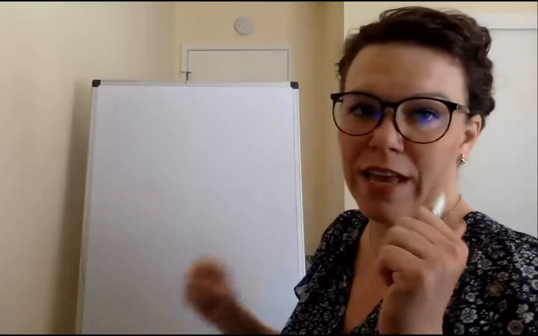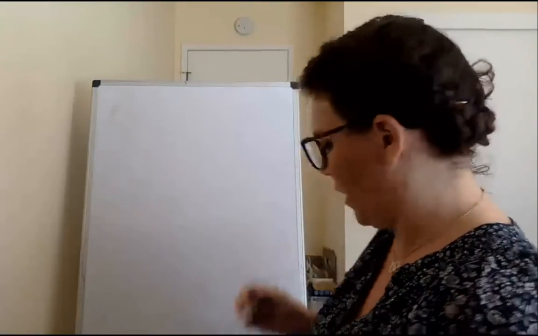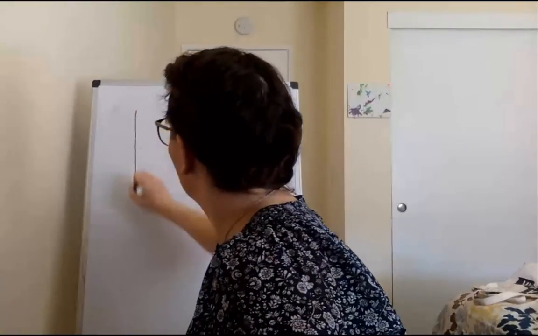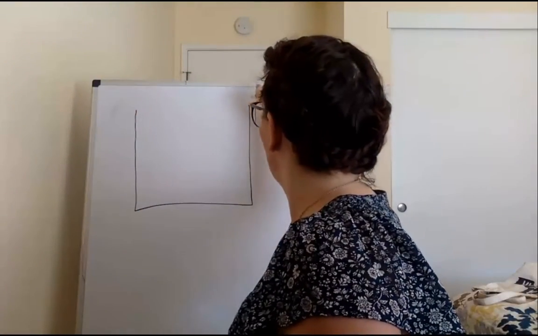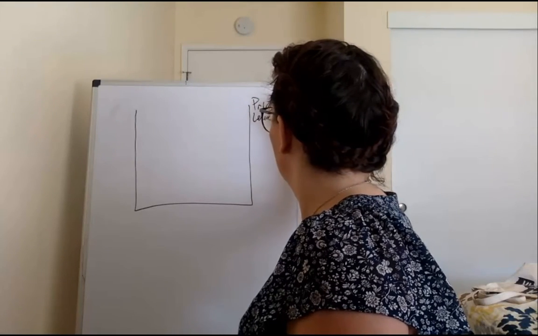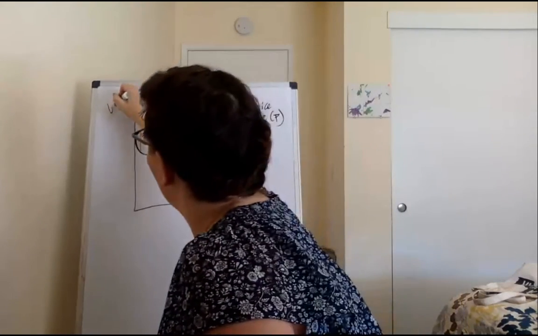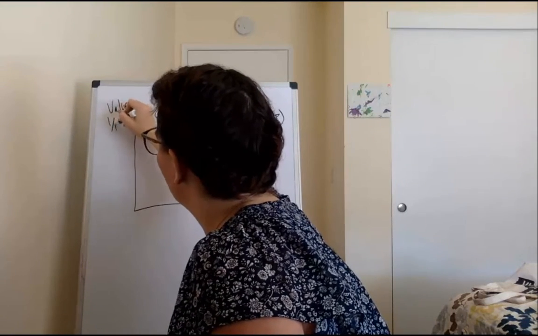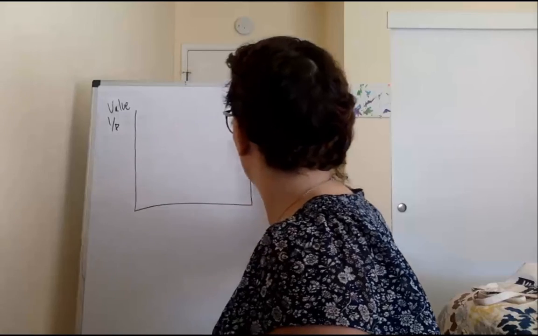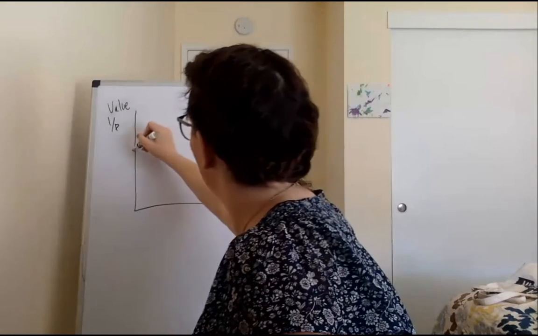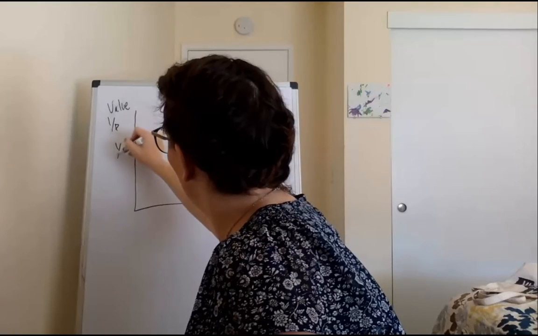And we derived that two ways. The first way was we looked at the value of money relative to the price level. So we had the price level, P, and the value of money, the value of a dollar, 1 divided by P. And so if the price level is, say, $100, then the value of a dollar is 1 over 100.